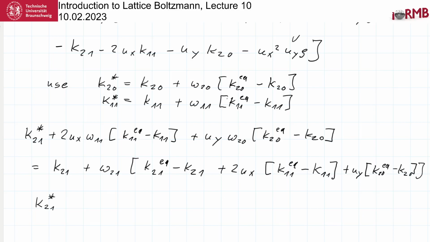So if we now separate everything out, then we get on the left-hand side k21 asterisk is equal to k21 plus omega 21 k21 equilibrium minus k21.